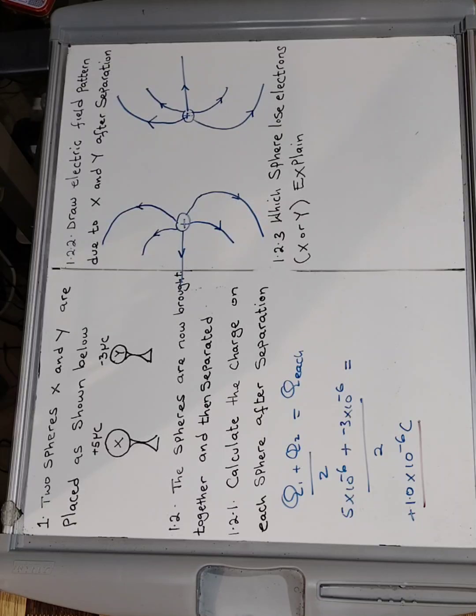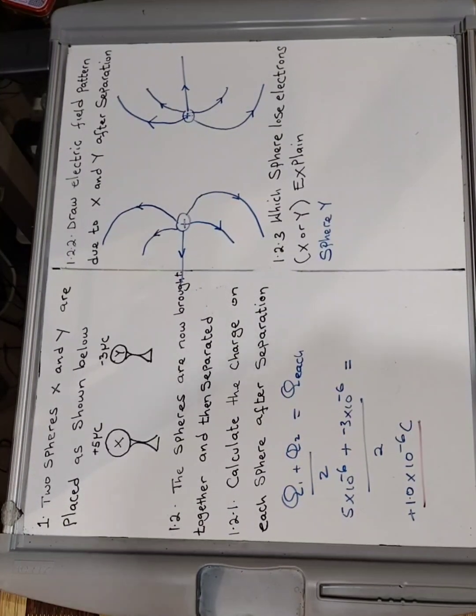So which of the spheres has excess electrons? It is sphere Y. It's negatively charged, and it's the one which is going to lose electrons.